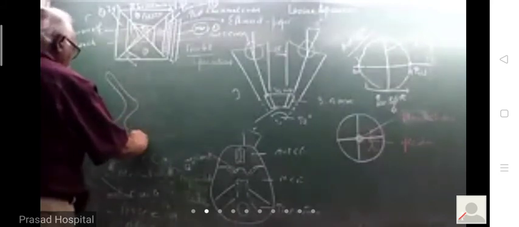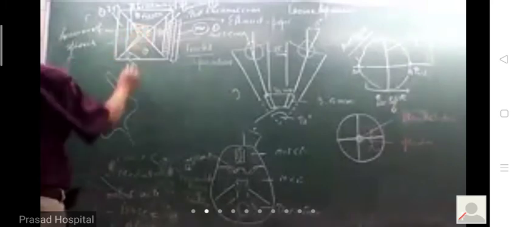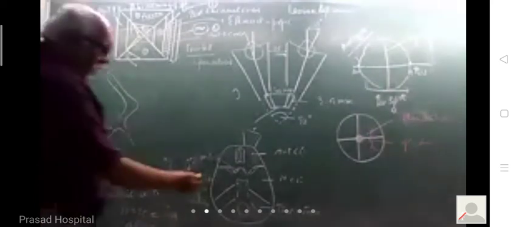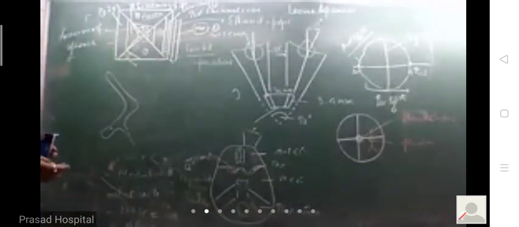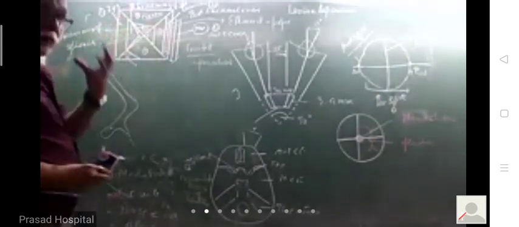This one is the superior orbital fissure, and this one is the inferior orbital fissure. The orbit communicates with several spaces. Through the orbital margin, it communicates with the face.